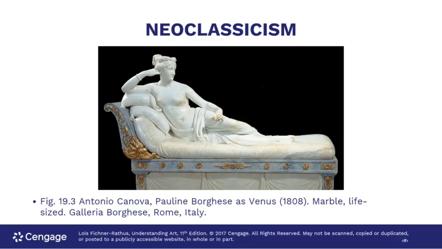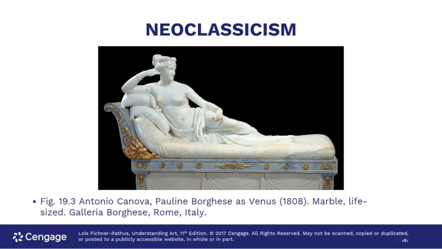This is Napoleon's sister, Pauline Borghese, and a lot of times Napoleon would choose a Zeus-like pose for his portraits by the artist Ingres, and Pauline had herself portrayed as the goddess of love, Venus. So you have the reclining figure, we're familiar with that, referencing classical Greek prototypes.